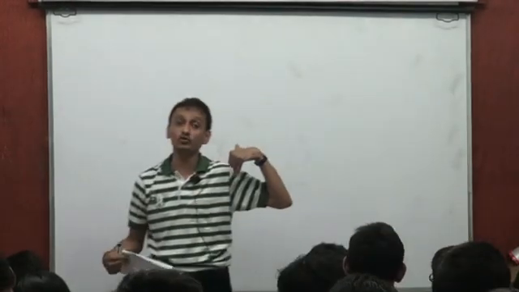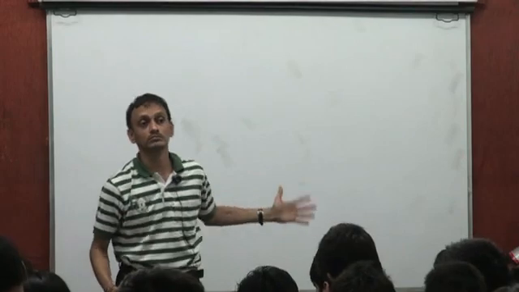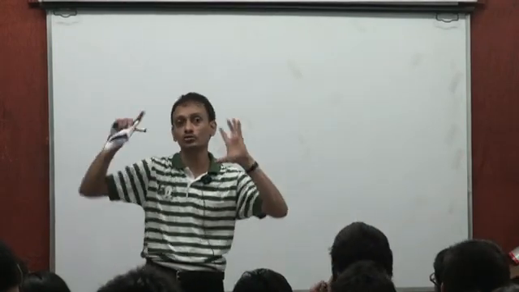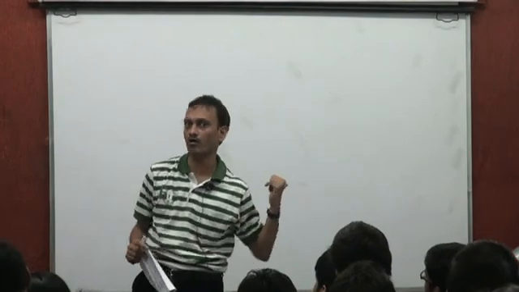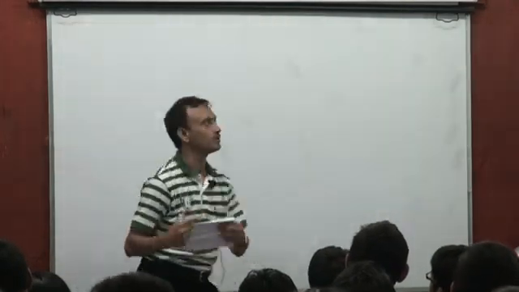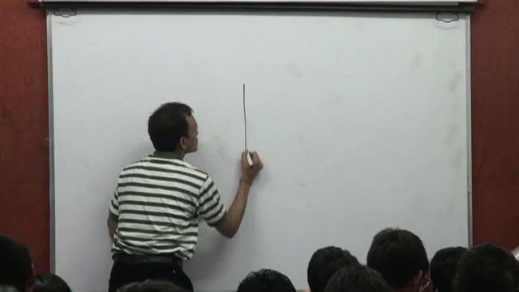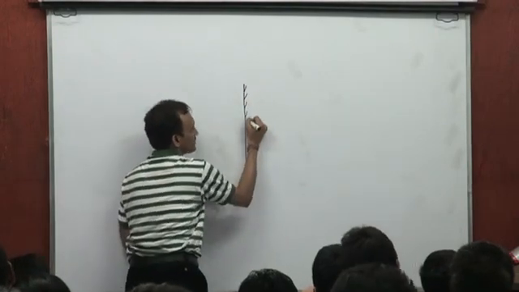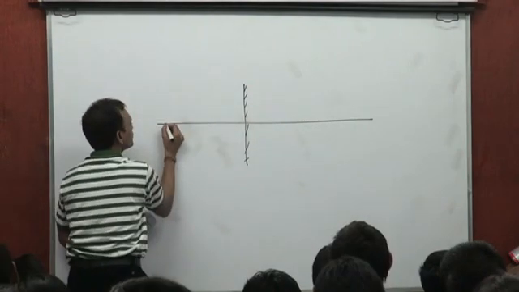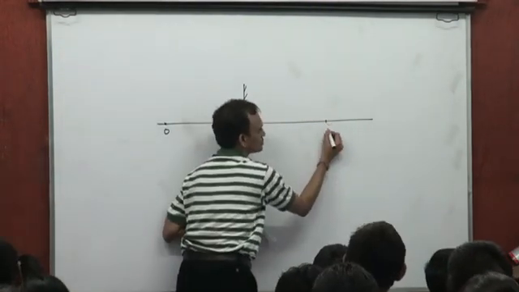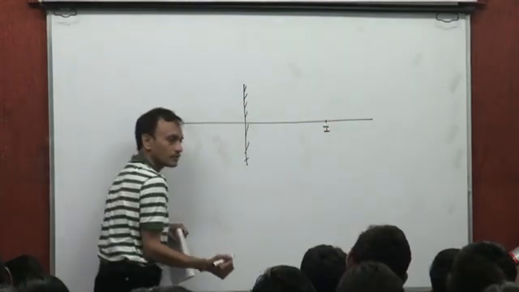Now, the reason I gave you this vector stuff is so that you don't have to apply your heads. It's a ready reckoner that I offered to you. But in principle, think of it like this. Suppose the mirror is fixed. This is an object, this is an image.